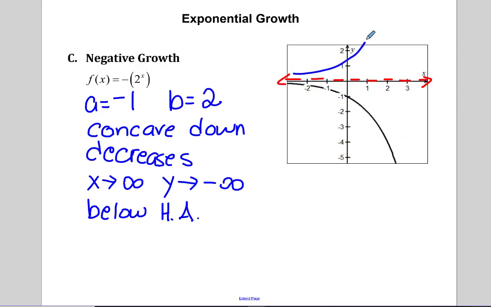It was this type of graph, but the negative on the A flipped the graph over the x-axis. So this way is growth, but when the A is there, that's the effect of that negative value. It doesn't change the fact that the base is 2, so it's a growth function. It's just that the growth is toward the negative.